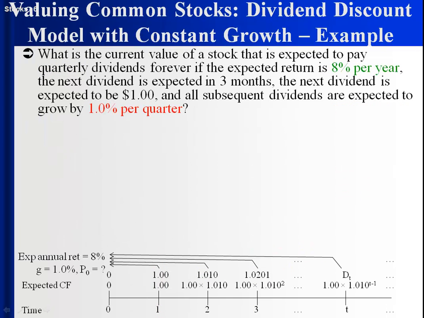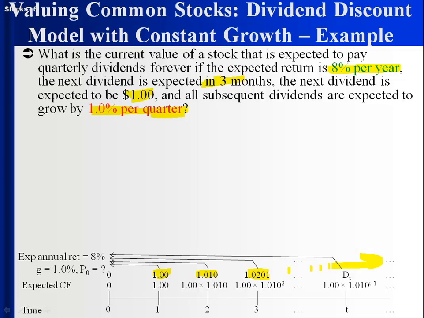What if we have a stock that's also expected to pay $1 in 3 months, also has an expected return of 8% per year, so it's 2% per quarter, but now dividends are expected to grow by 1% per quarter? Well, then dividends are $1, $1.01, a little over $1.02, a little over $1.03, increasing by 1% forever.